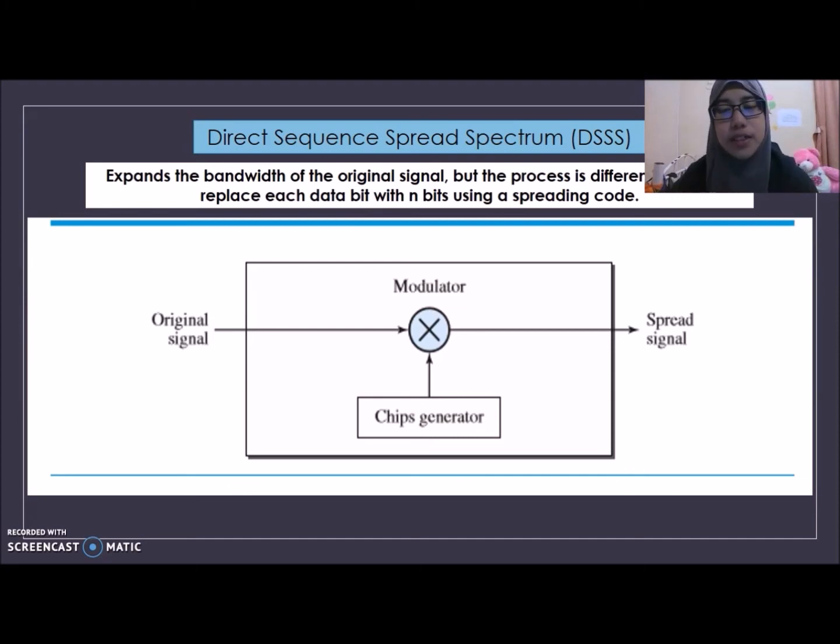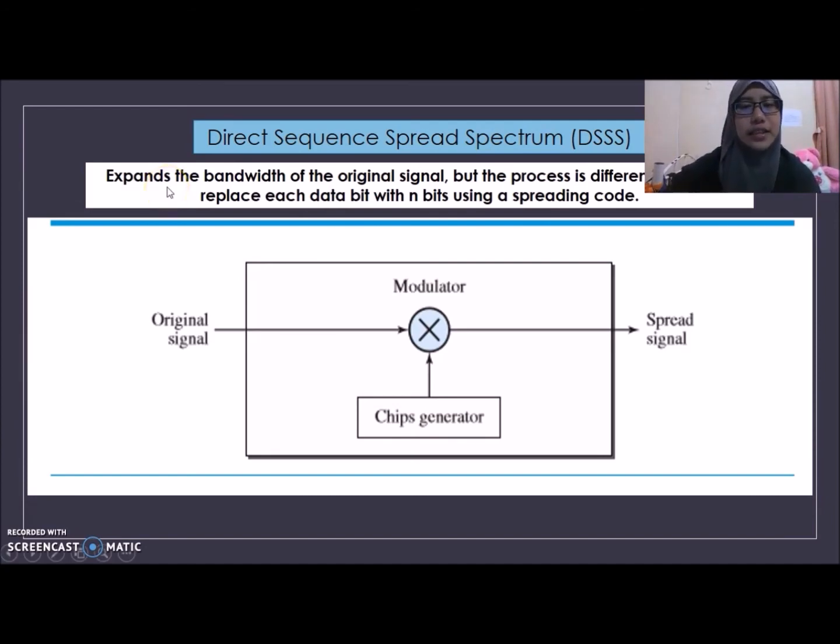In other words, each bit is assigned a code of n bits called chips, where the chip rate is n times the data bit rate. In this example, it shows the concept of DSSS.